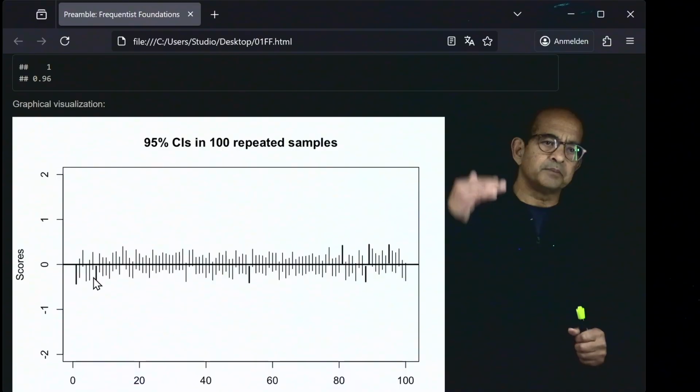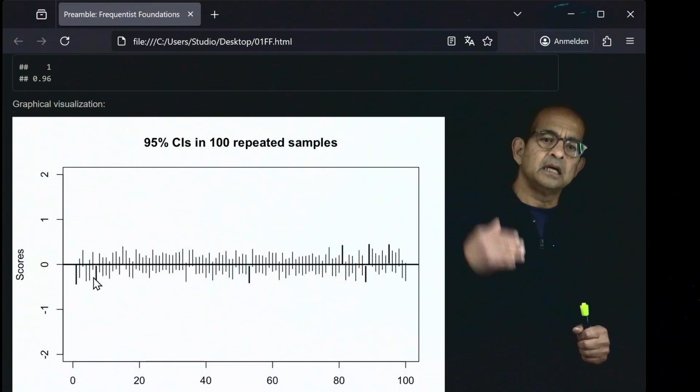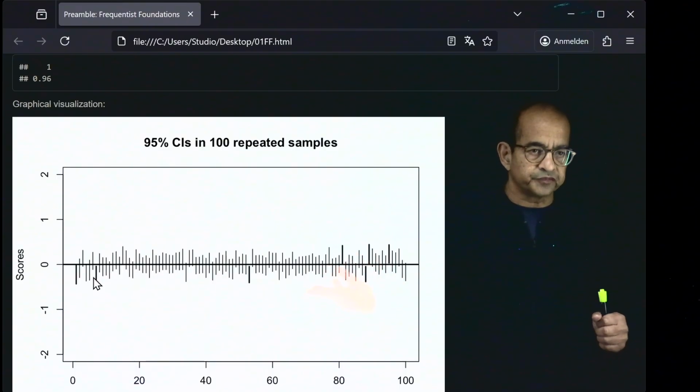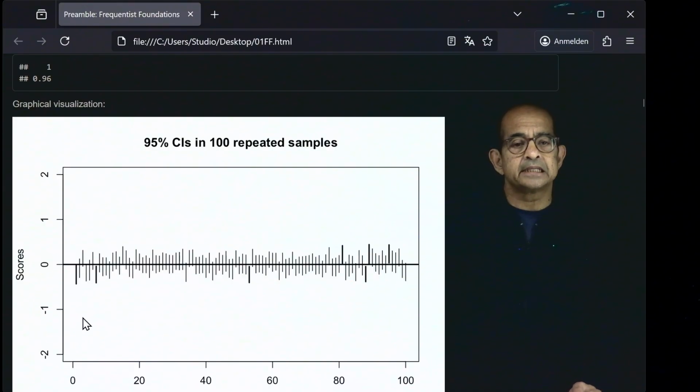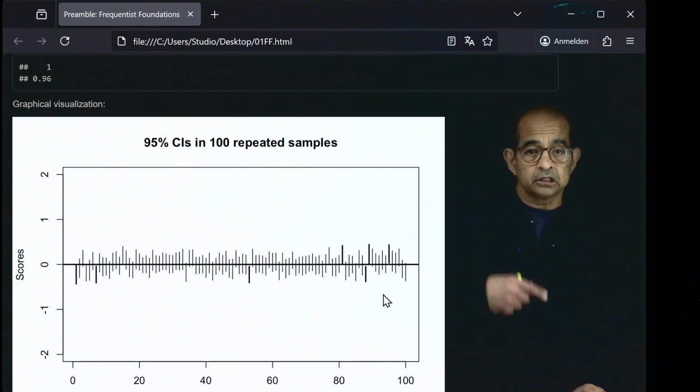You can see that because of random variability in the data, I'm getting a different confidence interval each single time. And what's interesting about this plot is that 95 of these 100 confidence intervals contain the true mu 0, because the data are coming from a standard normal.